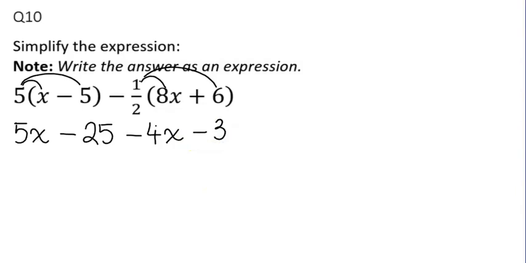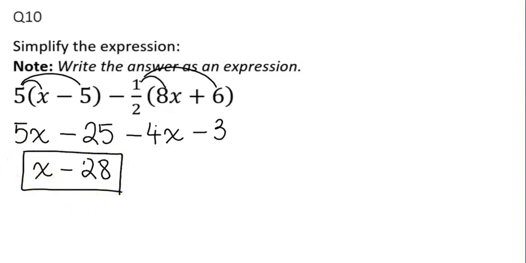I have two variable terms. 5x minus 4x. What is that? 1x. How do I write 1x? x. Negative 25, negative 3. Negative 28. Same sign. I add the numbers and keep that sign. Okay. Cannot go farther. I'm done.